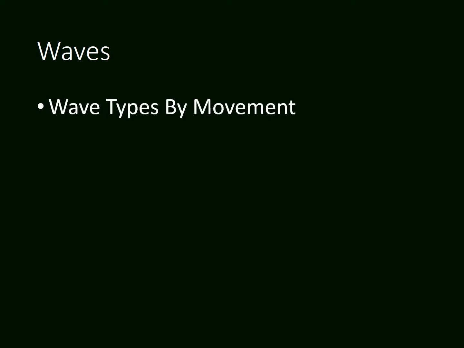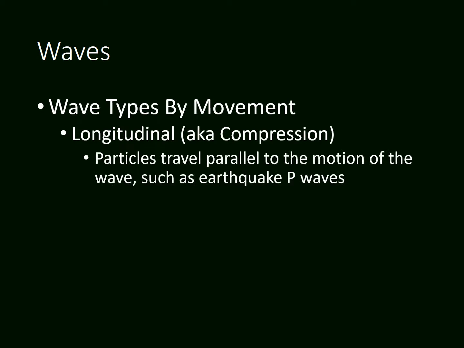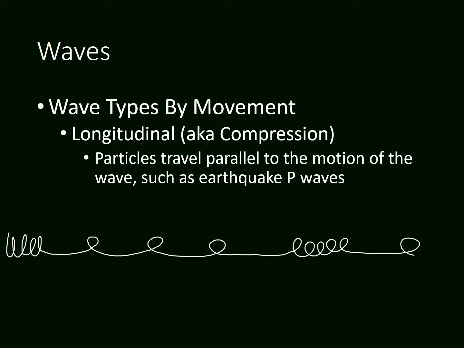Okay, our next type of wave by movement is called a longitudinal or compression wave. With a longitudinal or compression wave, the particles travel parallel to the motion of the wave, and an example of that would be an earthquake P wave. So what we have here are the parts of a longitudinal or compression wave.